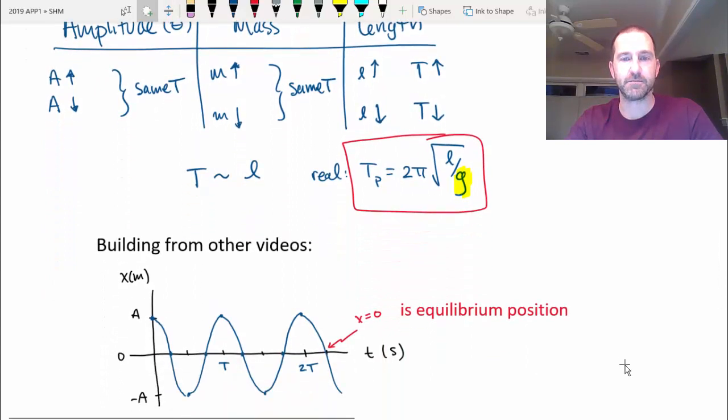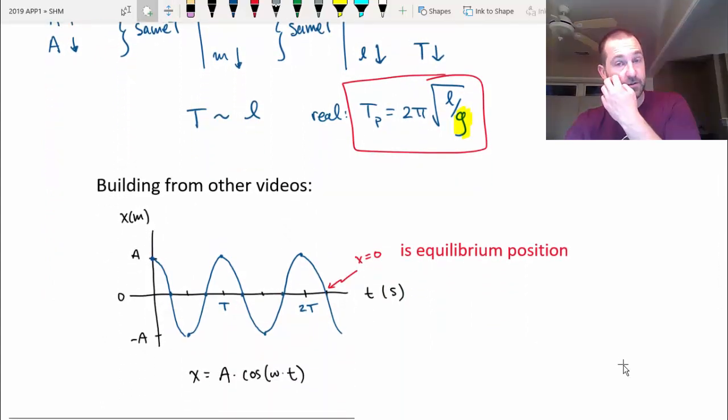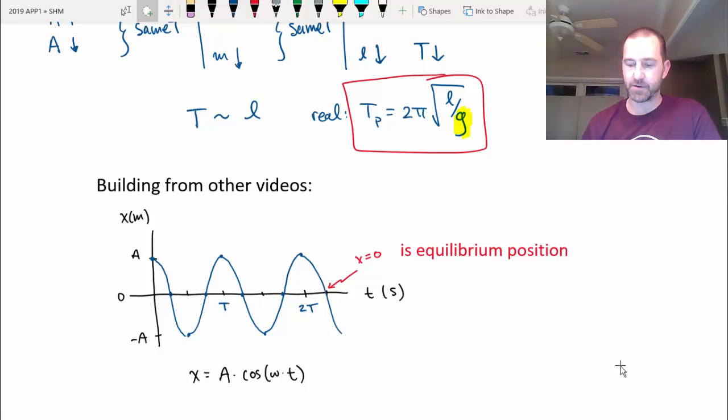But based off of what some of those other videos are, the big idea for simple harmonic motion is that the acceleration is going to be proportional to a negative constant times the displacement. And while we can't see it using no calculus, the idea here is that acceleration is the rate of change of velocity, but velocity is the rate of change of position.